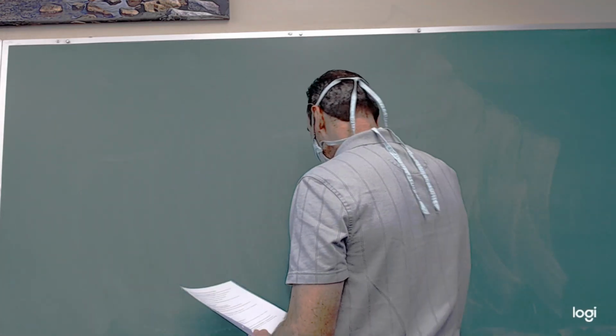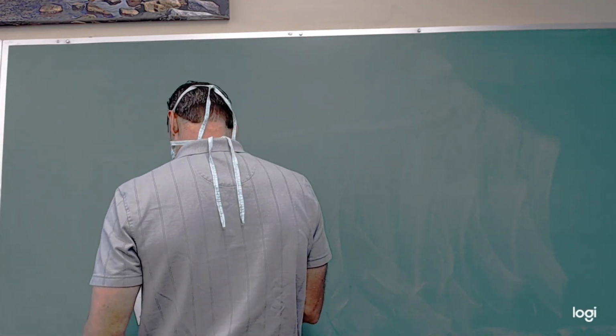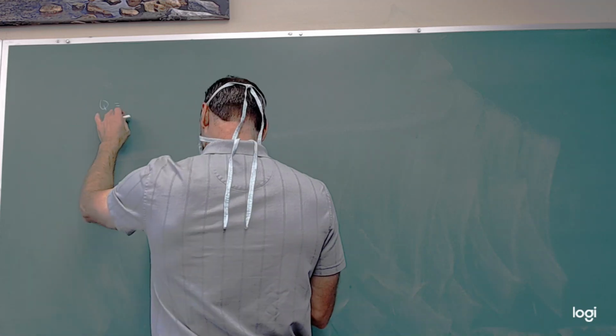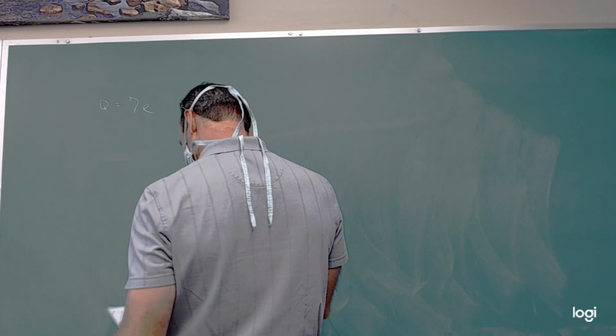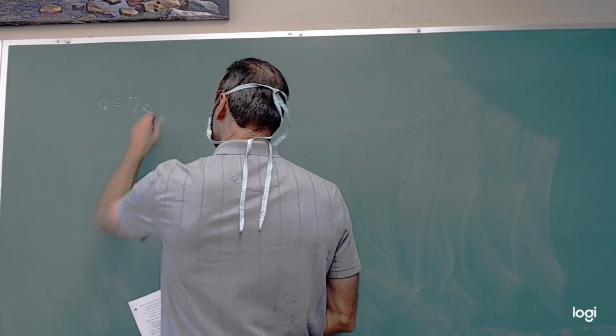Let's bring the other group to the board, and we'll solve Q is equal to 7e to the, let's just do 3t, is that right?